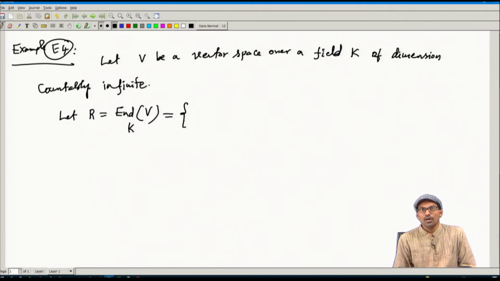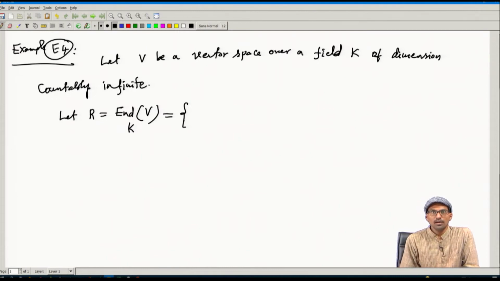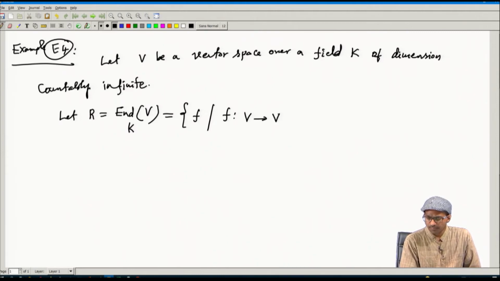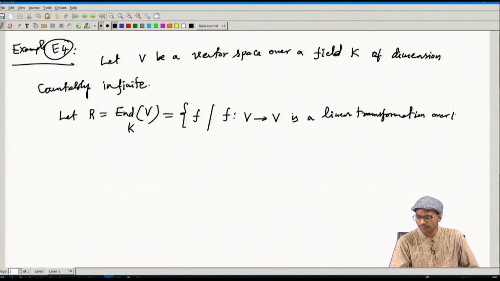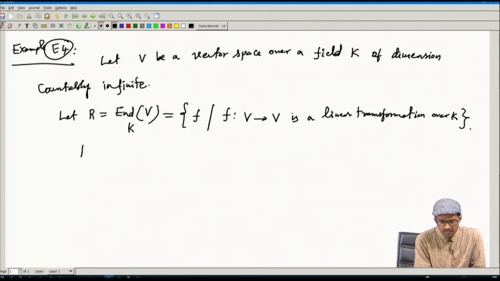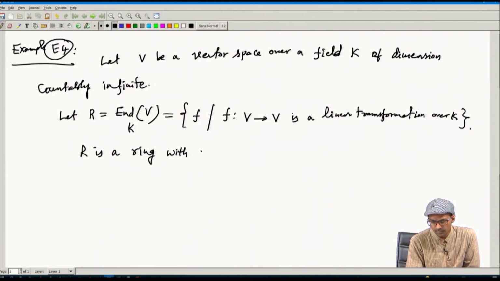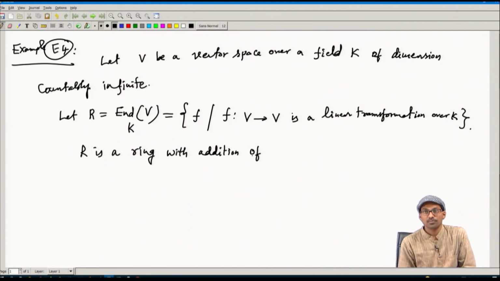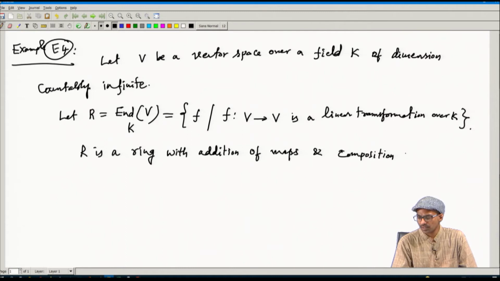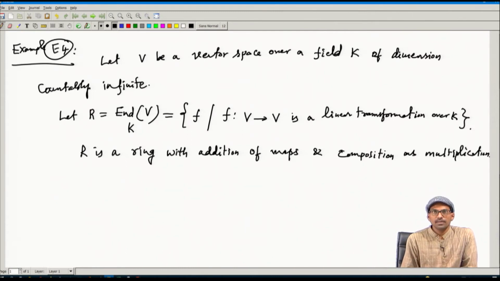It is the set of endomorphisms of V which are K-linear, that is, all K-linear transformations f from V to V. We know that R is a ring, with addition of maps as addition and composition as multiplication. Of course, R is a non-commutative ring.